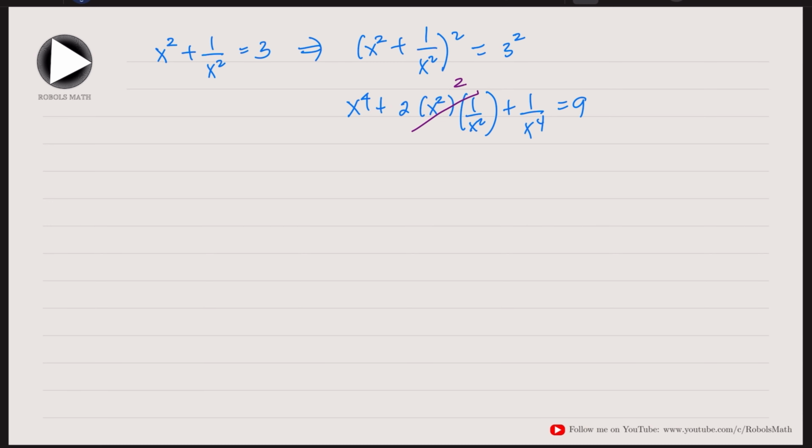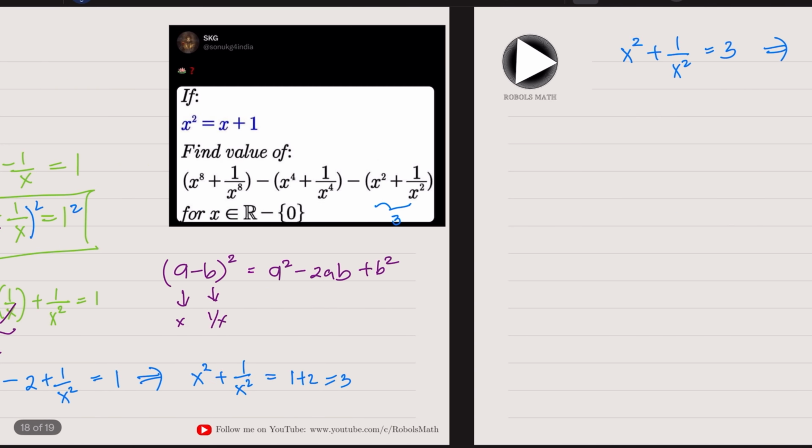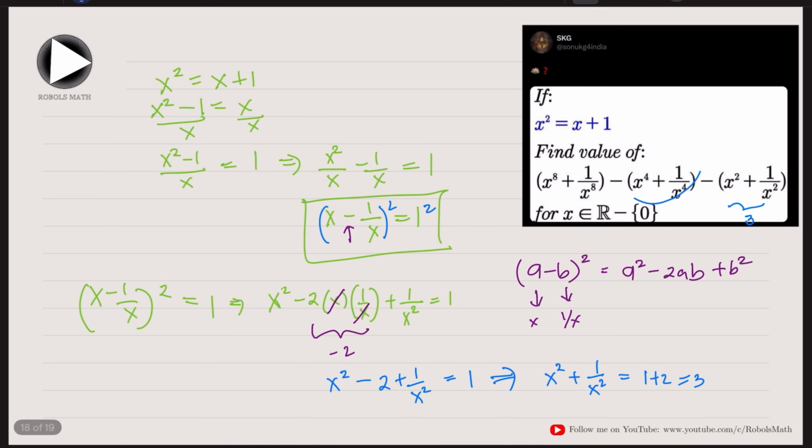So the left side here is x to the fourth plus 2 plus 1 over x to the fourth, equal to 9. We put the 2 on the right side, and we get x to the fourth plus 1 over x to the fourth is equal to 9 minus 2, or 7. Therefore, this part here is equal to 7. So we only need one more, and that's the 8th power.